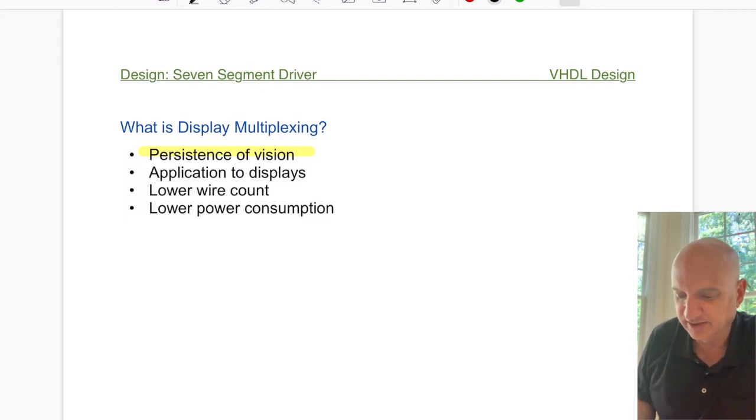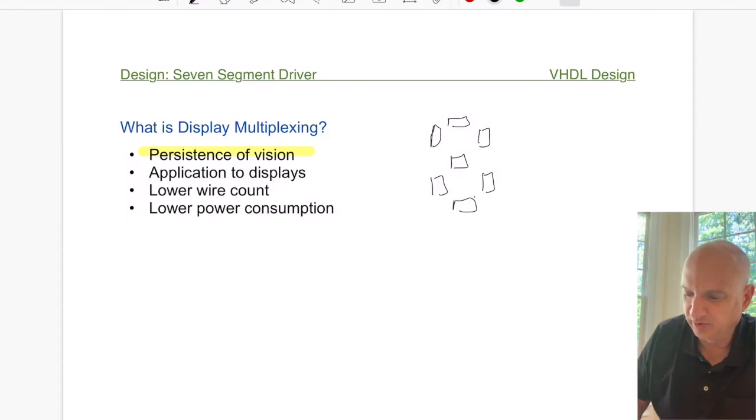Now, basic 7-segment displays have 7 segments arranged in a pattern similar to the one that I'm showing here. And in order to produce a number, we will light the various elements of the 7-segment display to give the illusion of a numeric value.